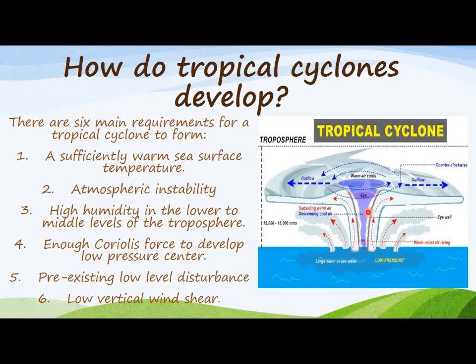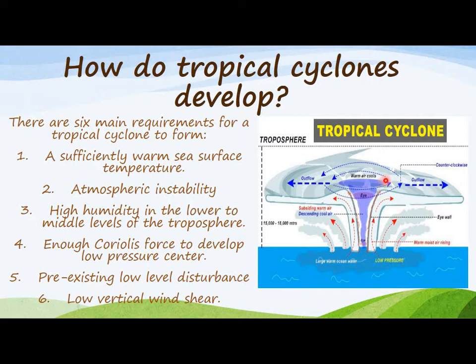So yun nga, ito yung nasa center, no, nitong ating nabubuong low pressure system. Yan, so that is Coriolis force, no, na kung saan diyan mag-start, no, or ito kumbaga magiging body, no, ng isang tropical cyclone.